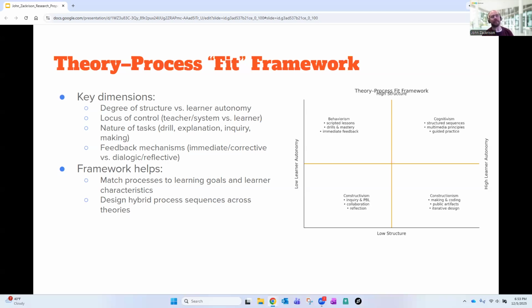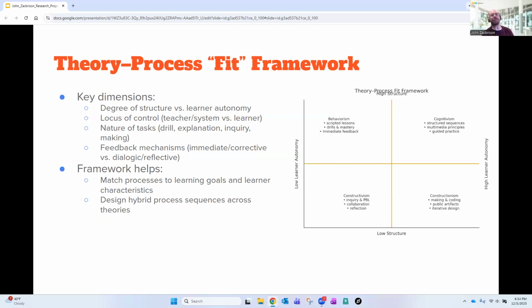Important dimensions include the degree of structure versus learner autonomy, the locus of control, that is, whether the teacher or the system drives the process versus the learner, the nature of tasks involved, and the type of feedback emphasized.